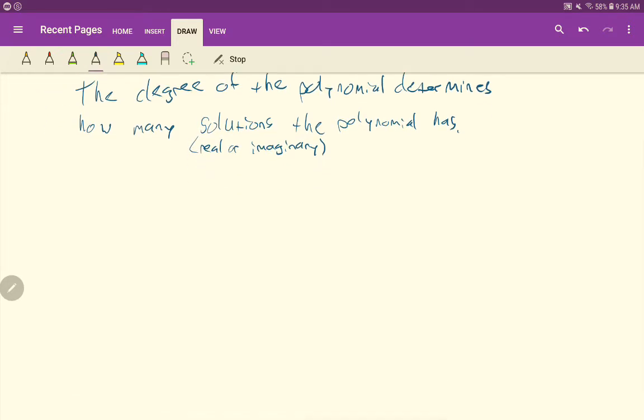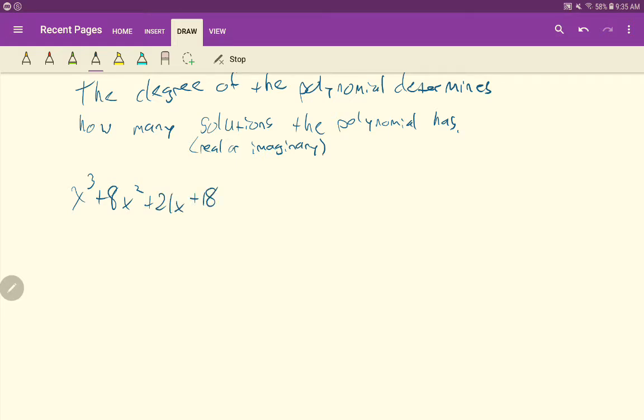So let's take a look at how this idea shows up. For example here, let's start with something like x to the third plus 8x squared plus 21x plus 18.